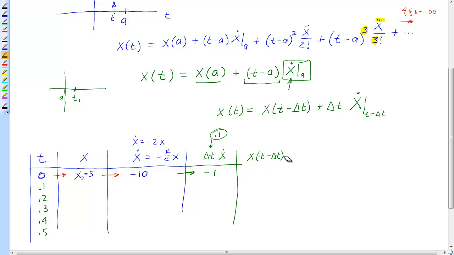Then what I do is I take the x, or I'm sorry, I should do it like this. I should take this value, which would be right here, 5, plus this value, which would be minus 1. It'd give me 4, and this will be x at t plus delta t.